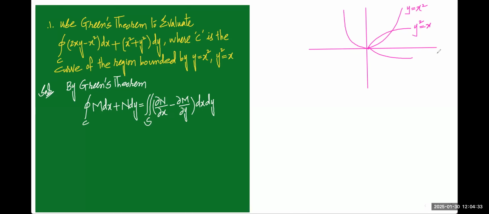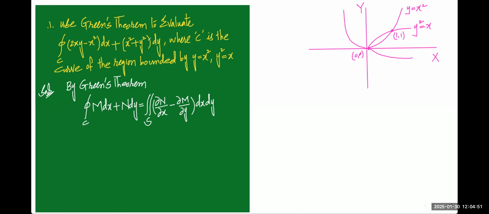The origin 0, 0 is one point of intersection, and the other point where the two curves intersect is 1, 1.